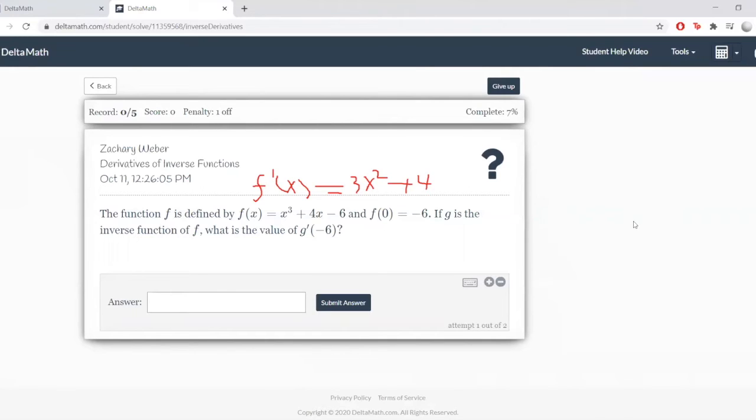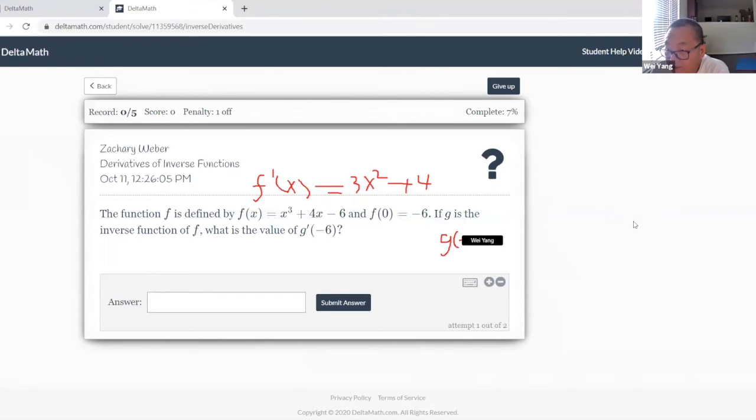Then they give you g, the inverse of this function. If g is the inverse of this one, we can get g of negative 6 equals 0. But they are looking for g derivative of negative 6, which equals what? From here, we can get this. Now, let's see.